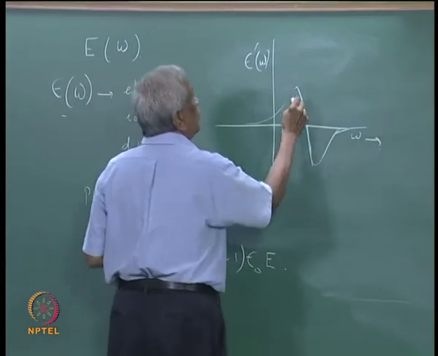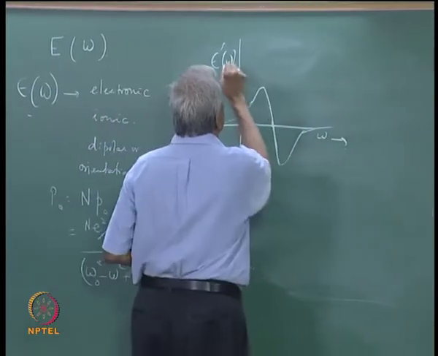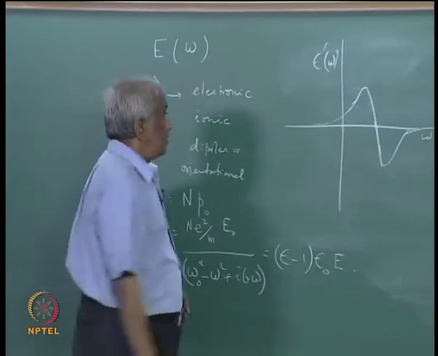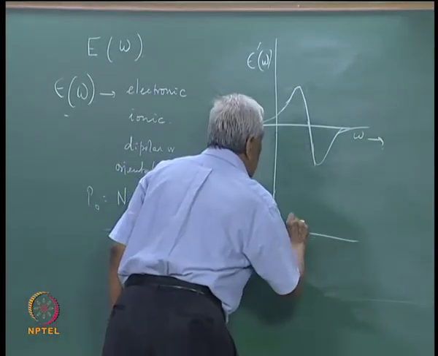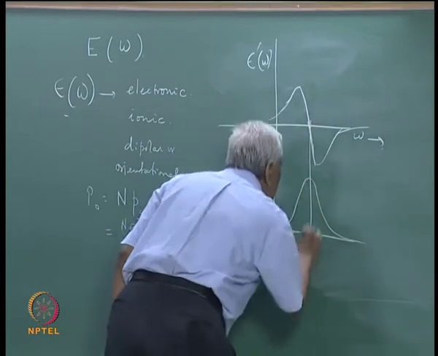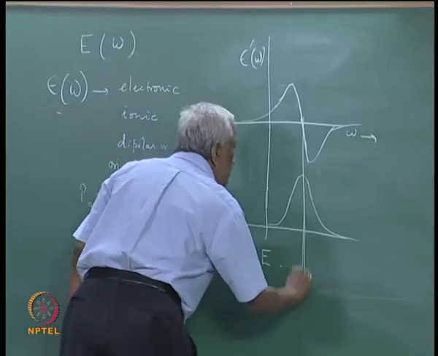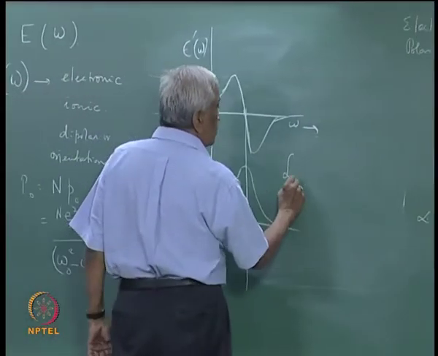that is the kind of response. So, this is the real part of the dielectric constant, while the imaginary part will look so. The imaginary part has a maximum. So, this is what is known as a Lorentzian shape.